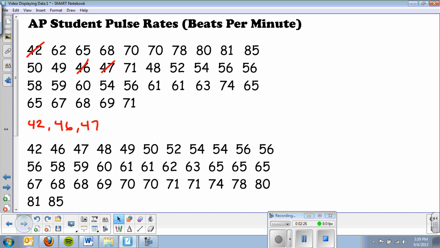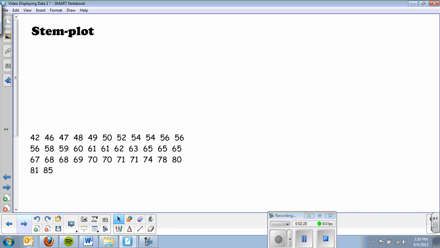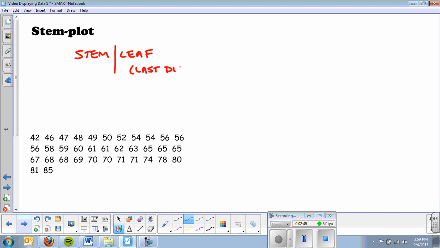So first one we're going to talk about is a stem plot. Most of you have some sort of prior knowledge of what a stem and leaf plot is. You basically have the stem, and the leaf, which is the last digit. So the stem is all the digits before the last digit.